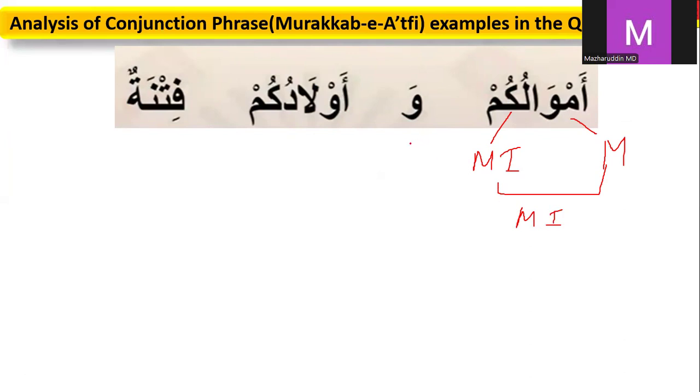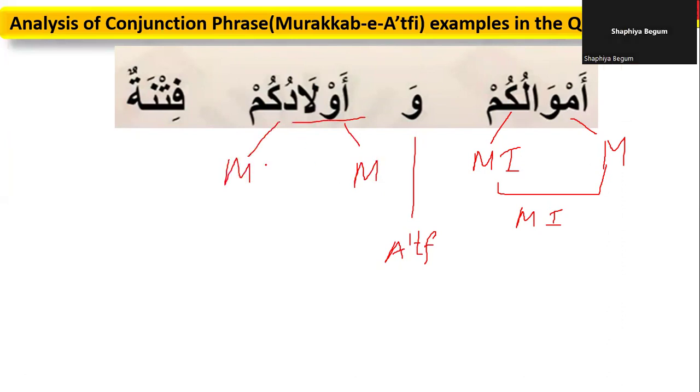Then what is waw? Hurufe atfi. Again, awladukum, murakkabe idafi. So awladu is mudaf, kum is mudaf ilayhi, and both we call murakkabe idafi.